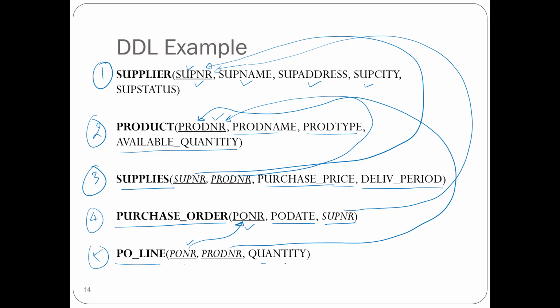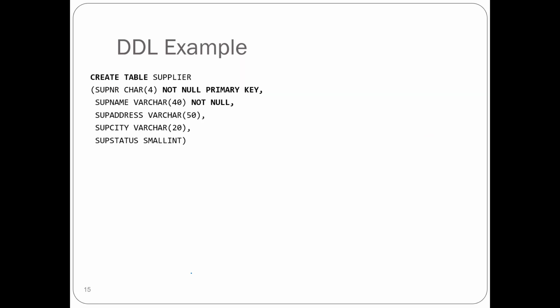And the quantity is an attribute of this relationship itself. Now PONR, which is purchase order number, and PRODNR, individually these two are foreign keys, but taken together they form the primary key of the PO line relation. Good. Now, after having this understanding, we will move on to the SQL part.